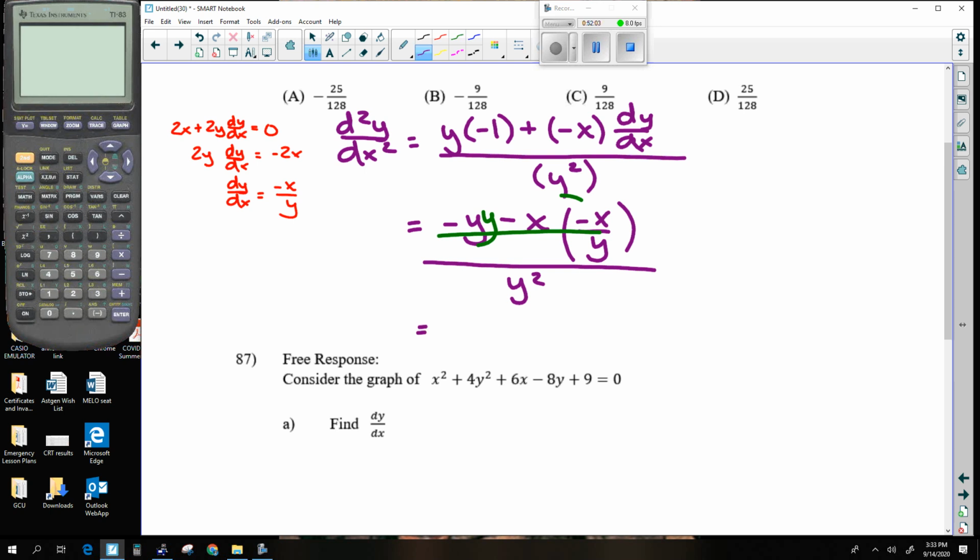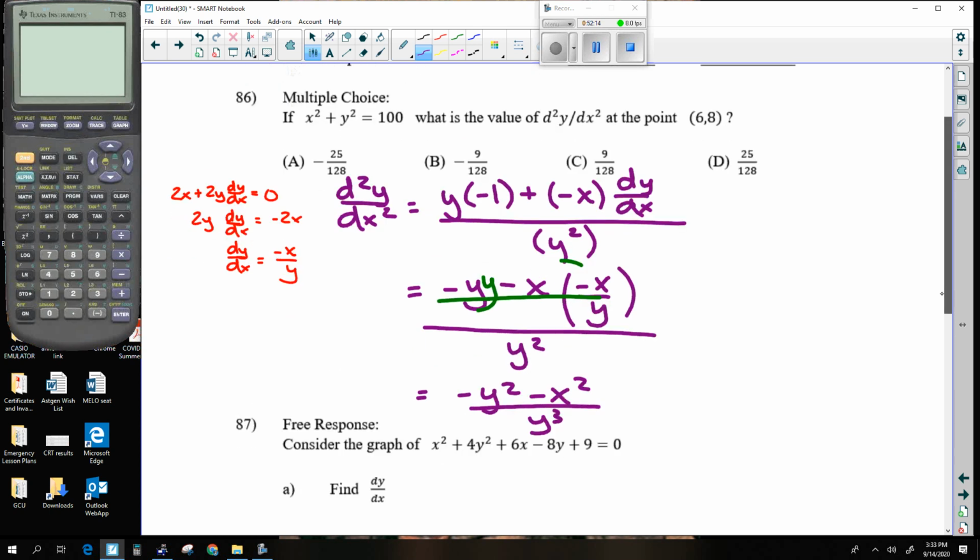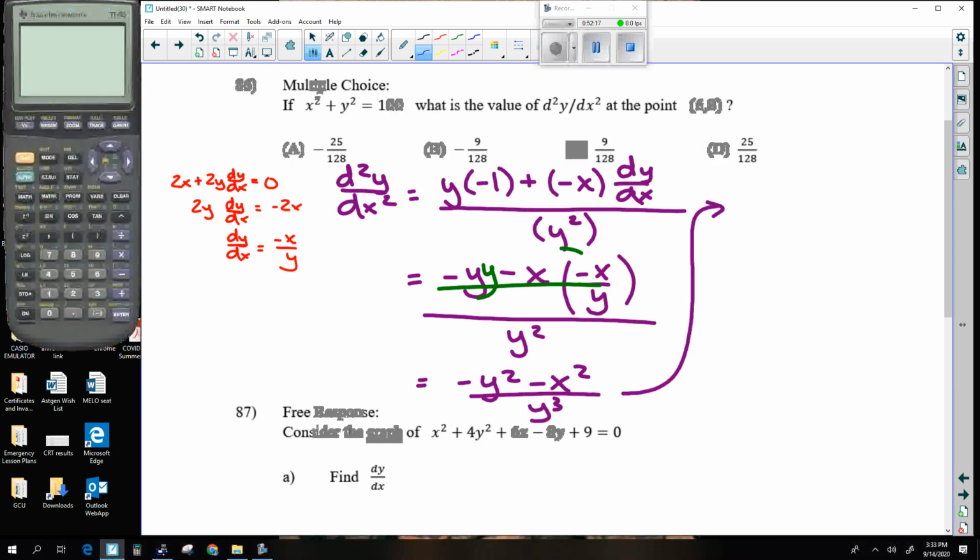And so this is going to be negative y squared minus x squared. Oh, I smell a super trick here. Over y to the third. And here's a trick that a lot of times, just because I've done enough of these problems, that I think it's silly that they have these anymore.